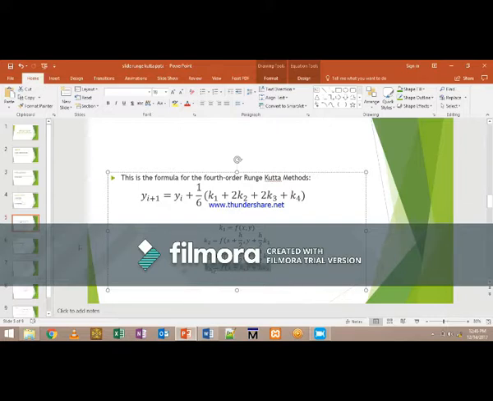As with the second order approximations, there are an infinite number of equations.